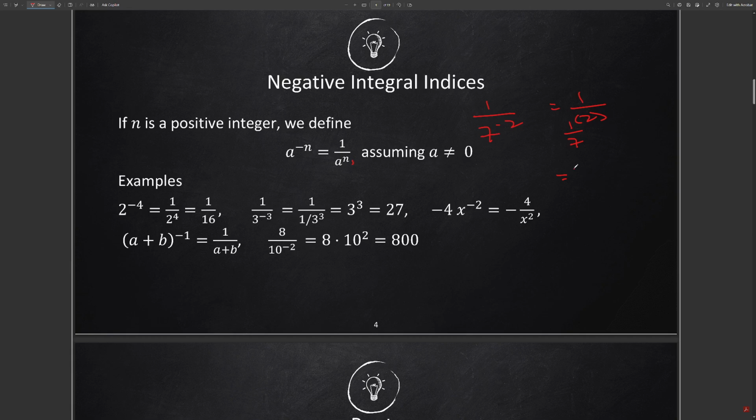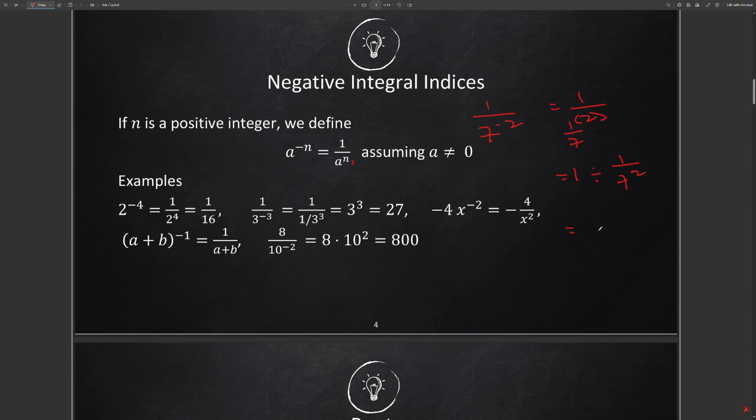So really, let me rewrite it as 1 divided by 1 upon 7 squared, which is another way you could write it. In other words, when I want to bring this 1 upon 7 squared up, it's going to flip, so the 7 is going to be on top here.